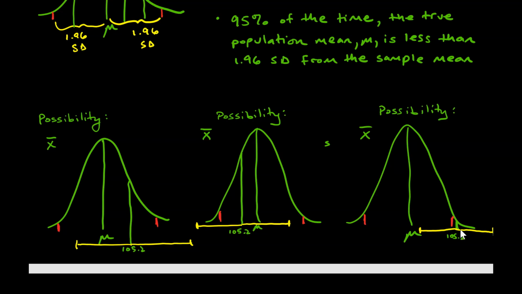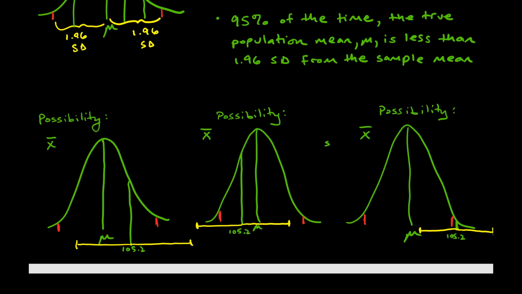However, if you get something like this, where maybe our sample mean of 105.2 is outside that red cutoff area, the same red cutoff area from up here, you can imagine that if you deviated 1.96 standard deviations on both sides, you would create an interval that would not be covering the true population mean.